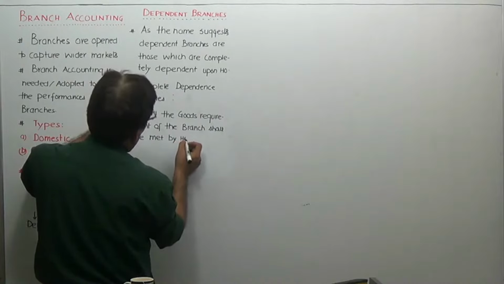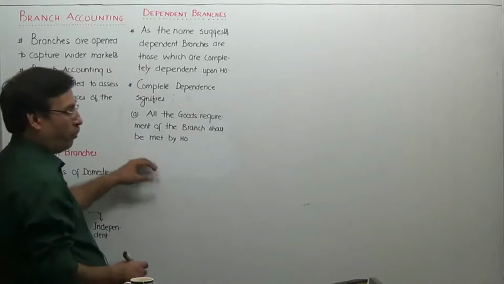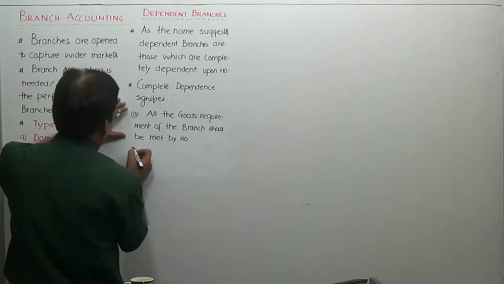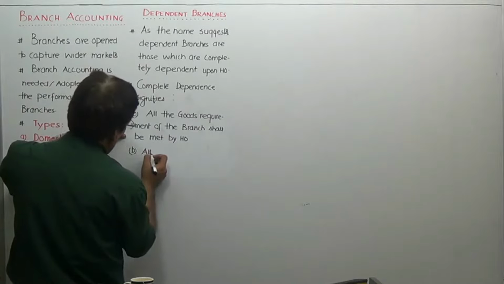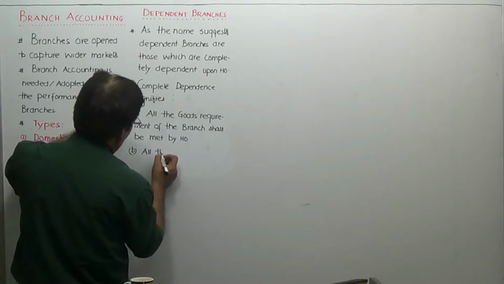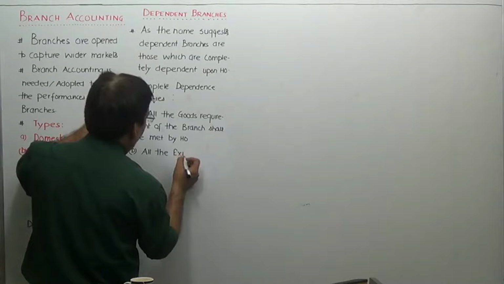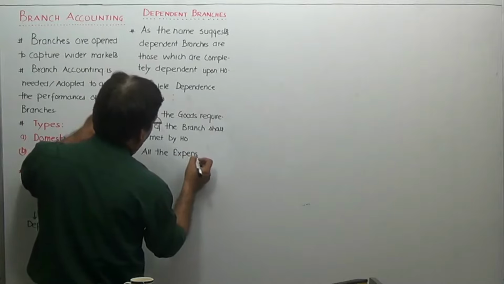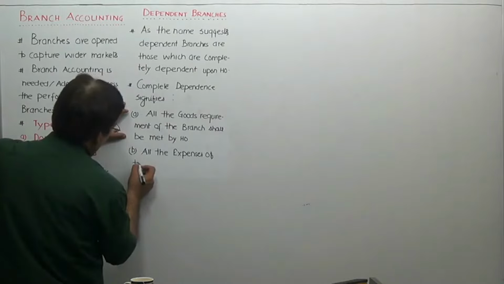I have already told you, it means that the branch is not allowed to purchase goods of its own. Similarly, the next one is B, all the expenses of the branch shall be met by head office.